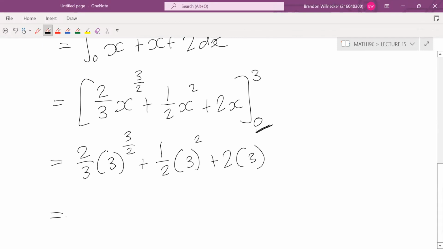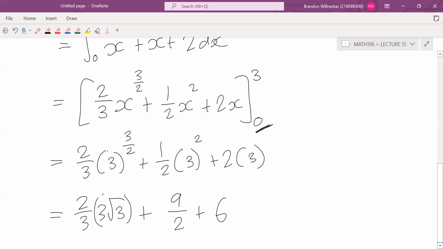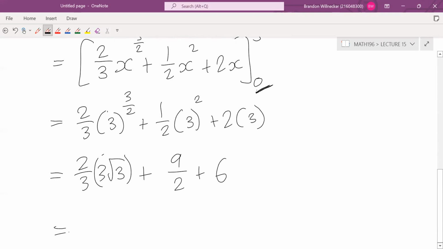So what is this going to give us? 3 to the 3/2 is going to be 3 root 3. So this will be 2/3 times 3 root 3, plus 3 squared, that's 9, so that's going to be 9/2, and 2 times 3, that's going to be 6. So we end up with 2 root 3 plus 9/2 plus 6.